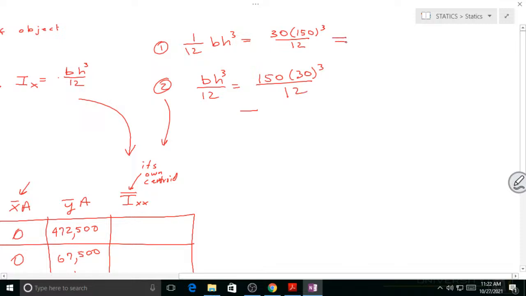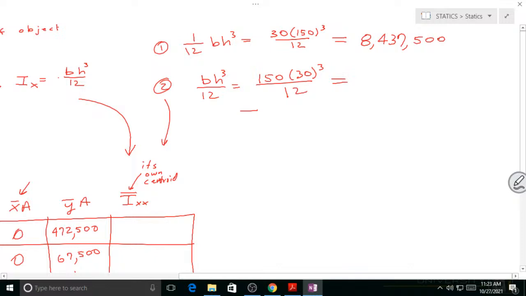And so that's the reason I want to do these separate, because these are big numbers, and they can be annoyingly big. Not in a bad way. 150 times 150 times 150 times 30 divided by 12. Okay, so this is how annoying it can be. 8, 4, 3, 7, 500.